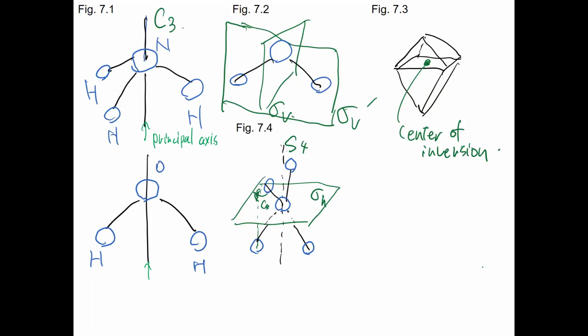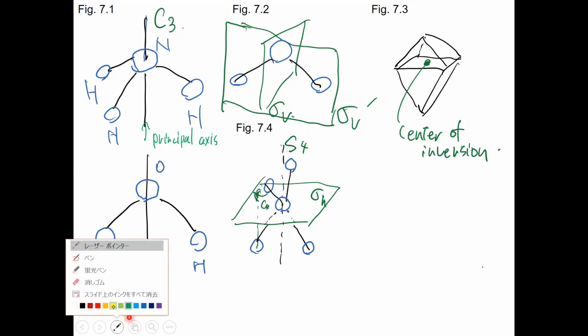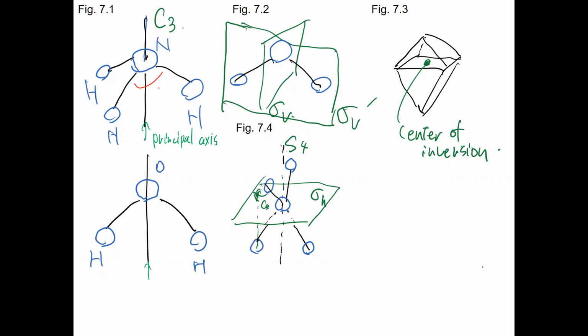The natural selection of the axis for molecules is most likely the principal axis. So in the case of ammonia, you would take the axis here. And this molecule has a C3 operation, meaning that every 120-degree rotation around the principal axis, this molecule overlaps, right?